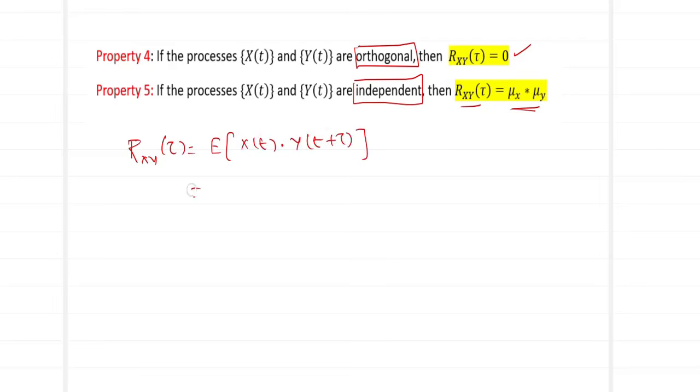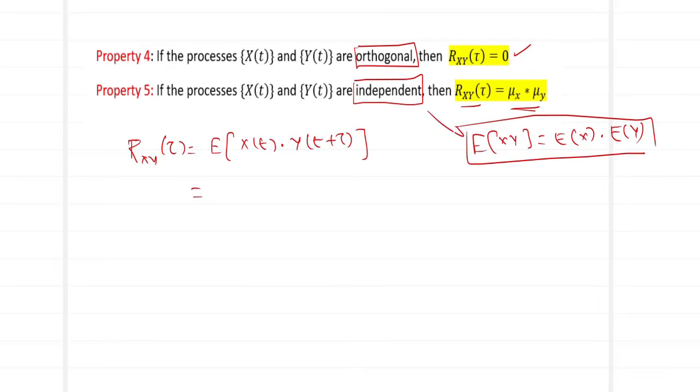So what happens over here? If they are independent, we know that E of XY is going to be equal to E of X product E of Y. This is the criterion only when X and Y are independent. So in which case, this gets separated as E of X of t and E of Y of t plus tau.